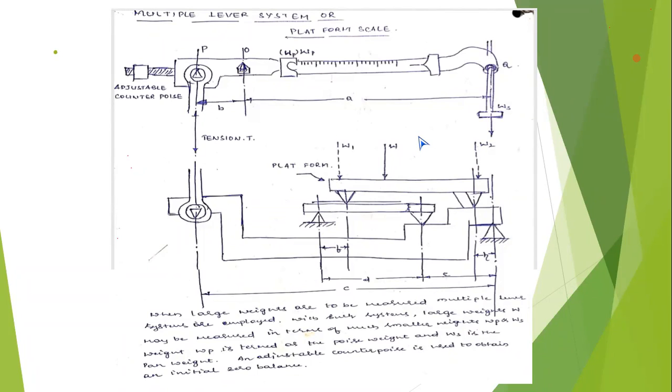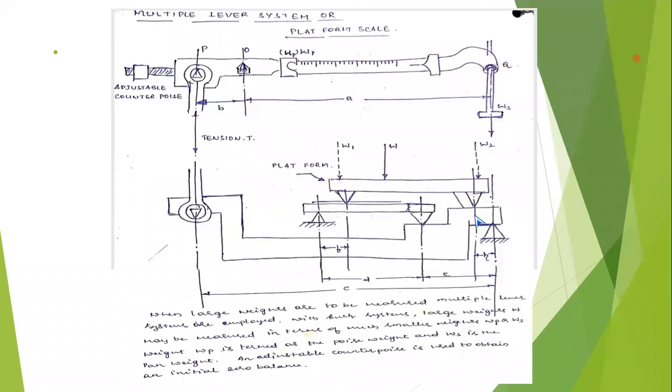If you keep the bag on the platform, it exerts the force on the back lever. All of you observe here, there will be a lever which is hinged at one point. The other point is free, which exerts the force on the main lever.